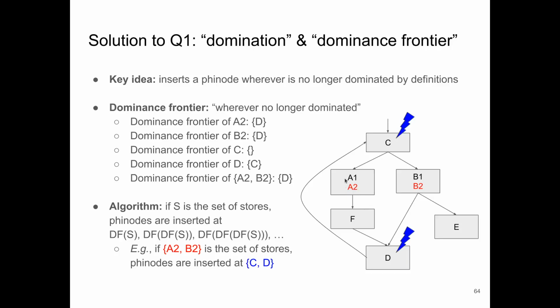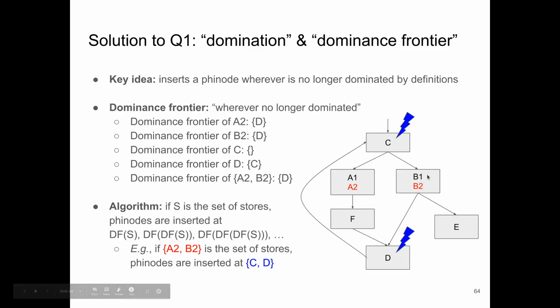This store is no longer confident at D. So this A2 value is confident at F. In F, the value stored in the location should be A2. But when you jump to D, you're no longer sure about that, because it is possible that the control flows from the other direction.